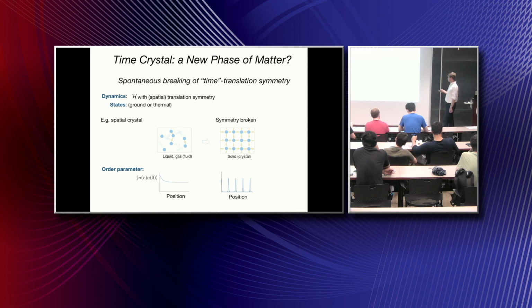If you plot, for example, a correlation function, it will be periodic in space. So the concept of a time crystal is to have states in which the position is replaced by time. That will be a structure which is periodic in time. If you know the value of the order parameter at a certain time, then a long time later, after a certain period, it should come back.